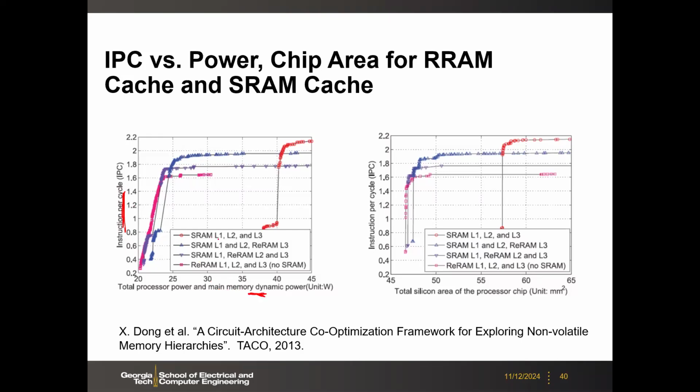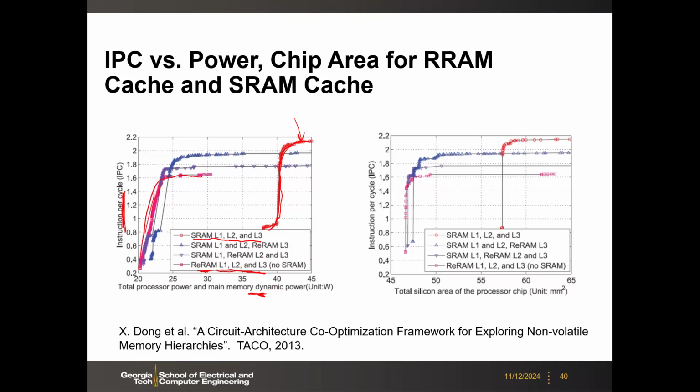So here you have different options. Let's say if you use a standard design, which is SRAM used for L1, L2, L3 cache, you have this one. The IPC is the best. SRAM is still fast, but then the dynamic power will be higher here. And then if you use all the L1, L2, L3 cache as RRAM, it will be somewhere here.